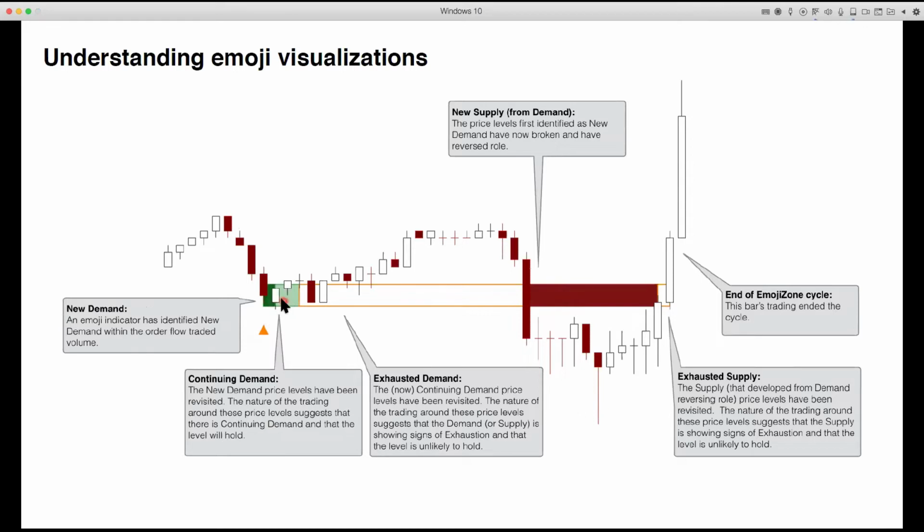Depending upon how we trade through that area, if the order flow tells us it's likely to hold, we call that a state of continuing demand or continuing supply. So you can start to get into trading approaches of saying, okay, I've seen a new level. If I see it continues to hold, I'm happy to trade in the direction that's being implied by that level.